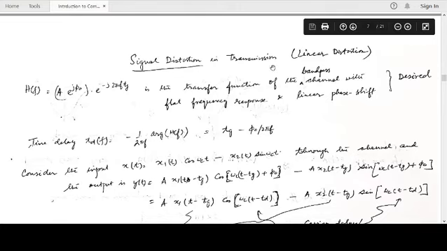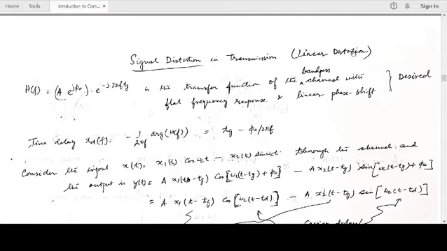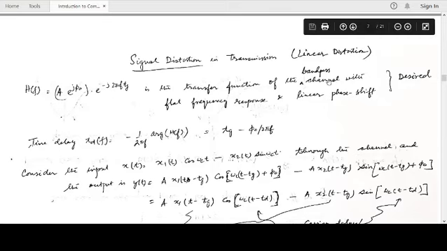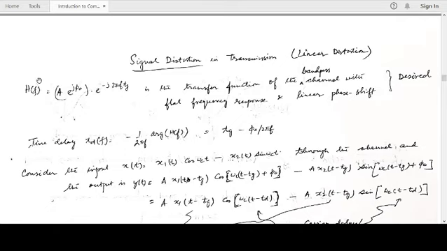There are two kinds of distortion. One is linear distortion, and the second one is non-linear distortion. Linear distortion is distortion where, for example, the channel H(f), the transfer function of the channel, is bandpass in nature because we have already modulated the information over a carrier.